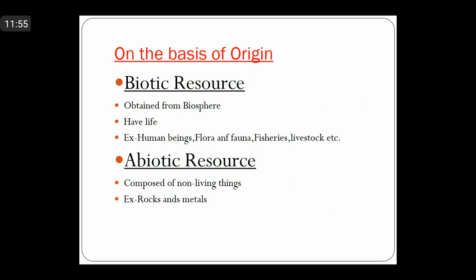Biotic resources are obtained from the biosphere and have life, for example human beings and flora, and abiotic resources are composed of non-living things, such as rocks, minerals, or metals.